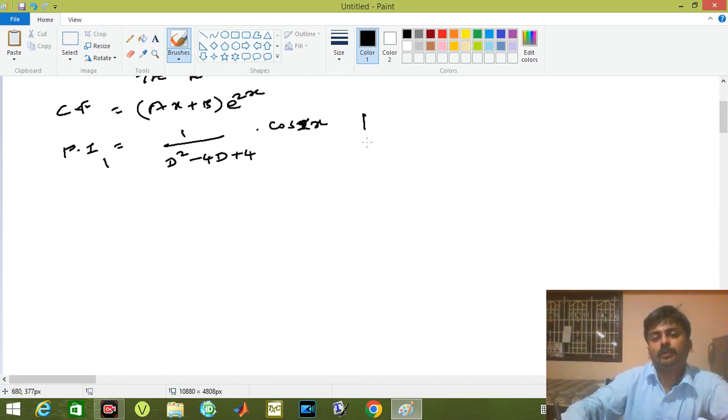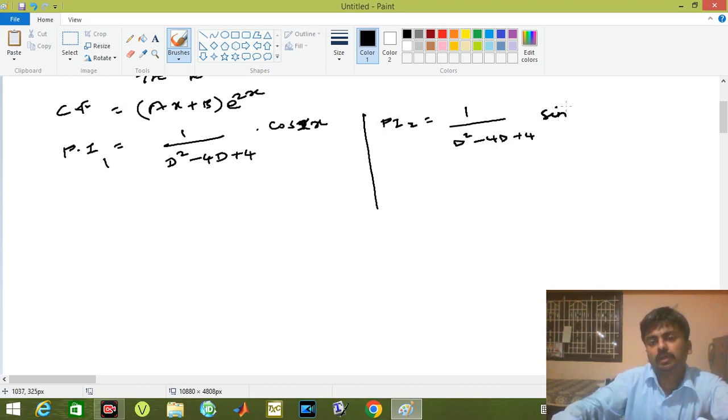So PI2 equal to 1 divided by d square minus 4d plus 4 into sin 3x. Okay, so here we have to replace d square by minus 2 square, that is minus 4. Here we have to replace d square by minus 3 square, that is minus 9.